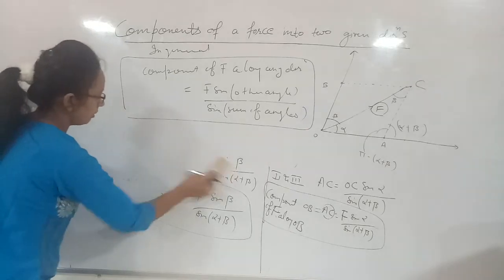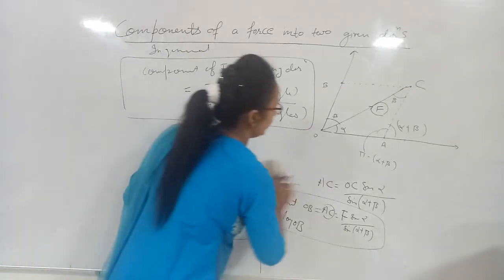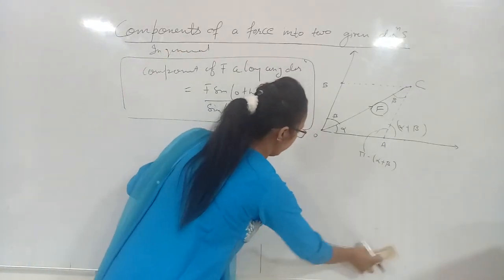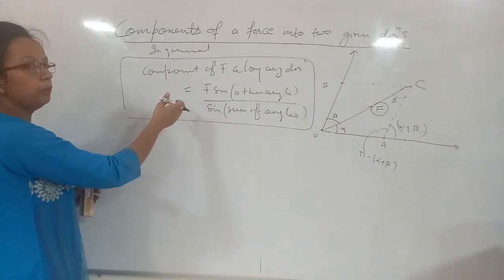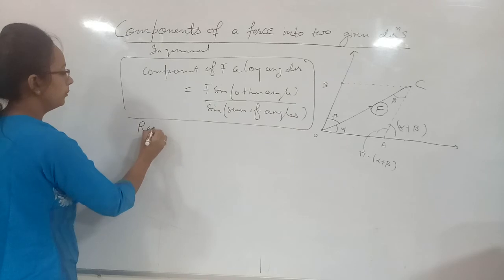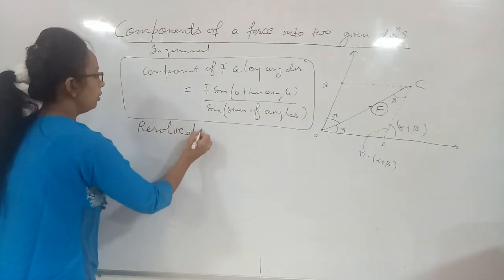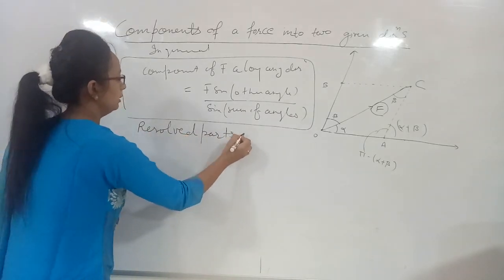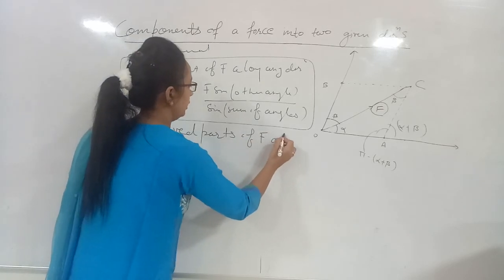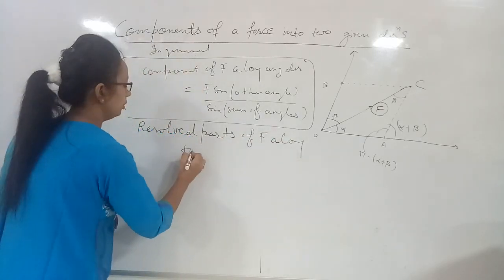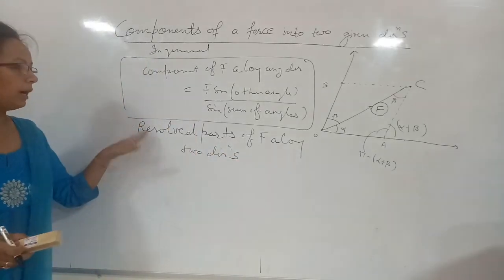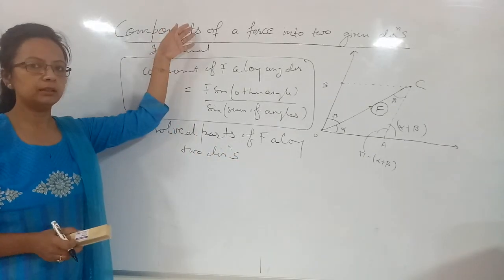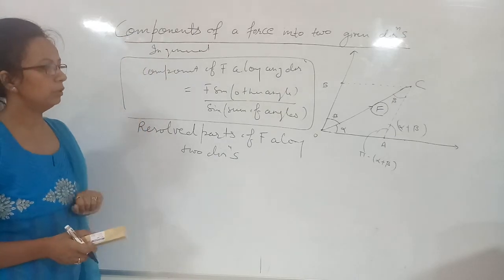Now in the next article we'll find the resolved parts. These are the components. Now we'll find the resolved parts of F along two directions. Resolved parts are basically components, but what is the difference between both?